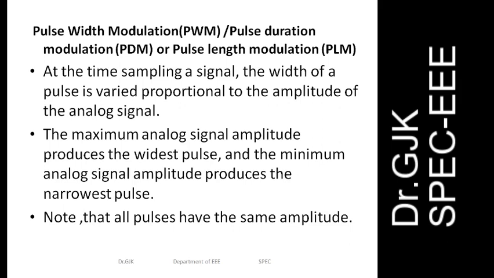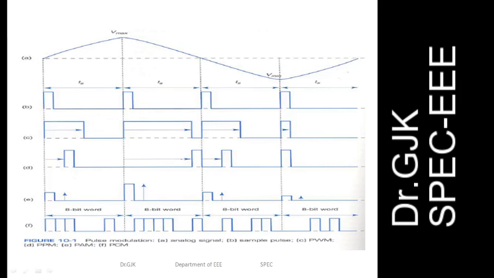This can be observed in the waveform. So in waveform C, at this instant, the analog signal has zero amplitude. So the width of the pulse is this much at 0 amplitude.